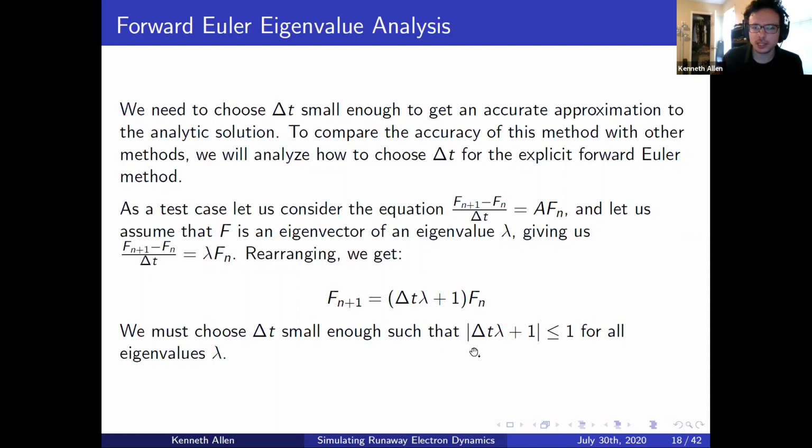So we want the absolute value of delta t lambda plus 1 to be less than or equal to 1 for any eigenvalue of our matrix. This will prevent this unstable behavior.